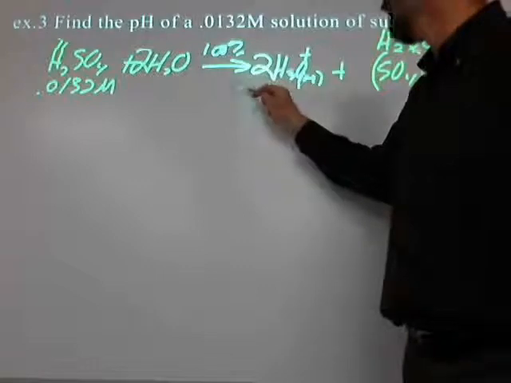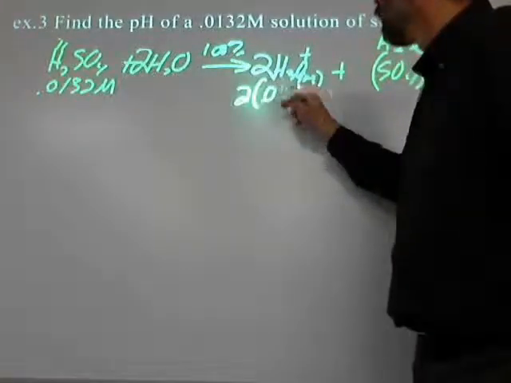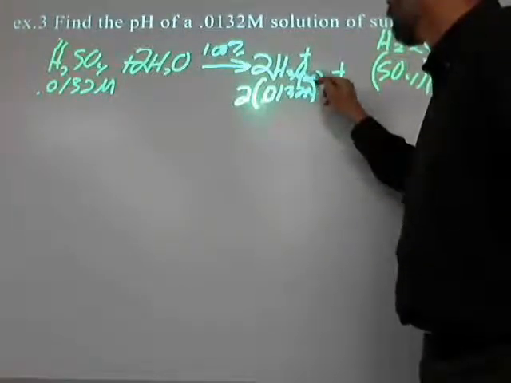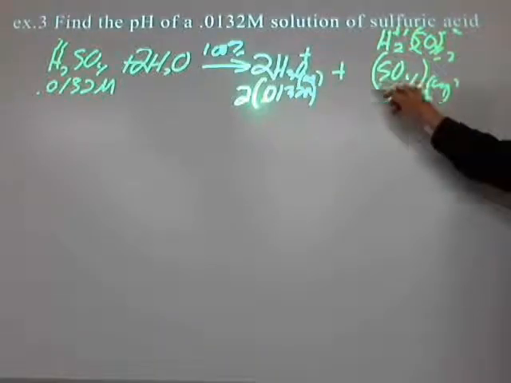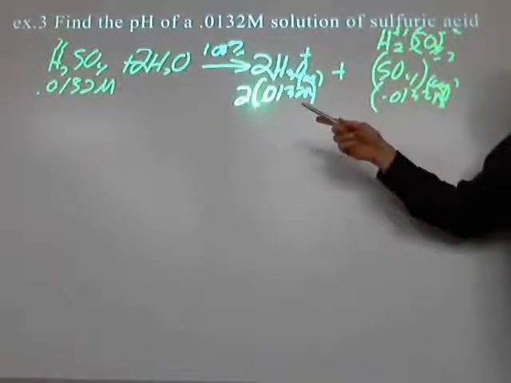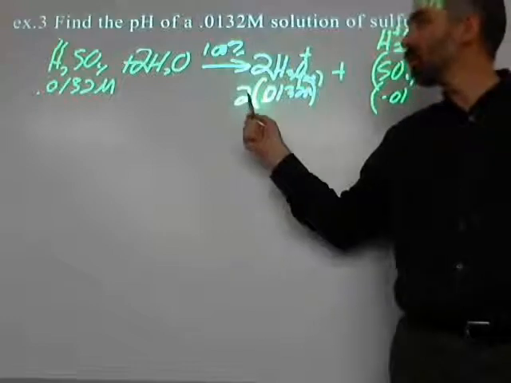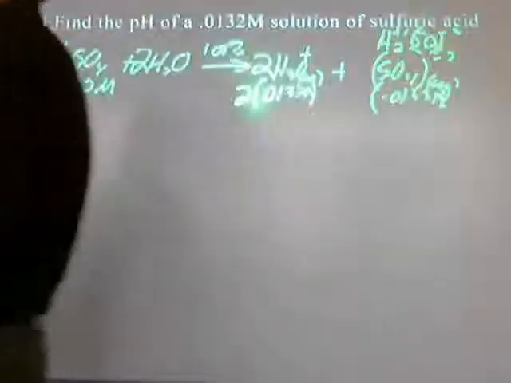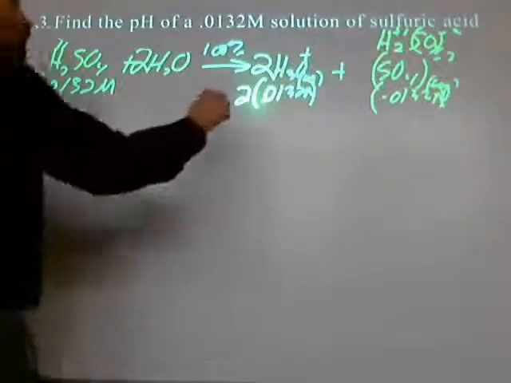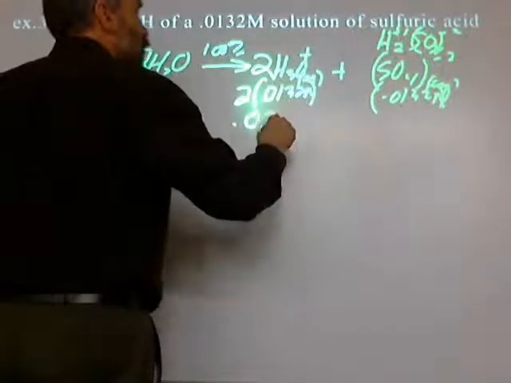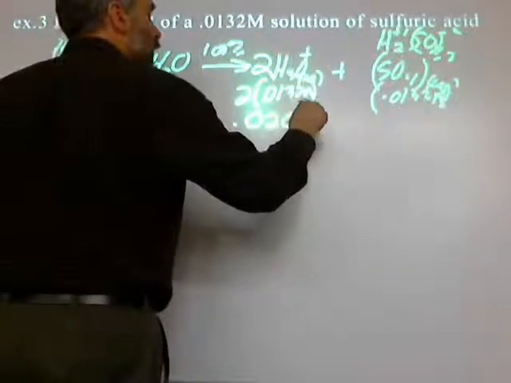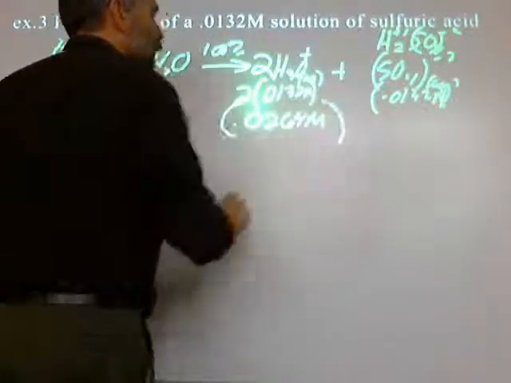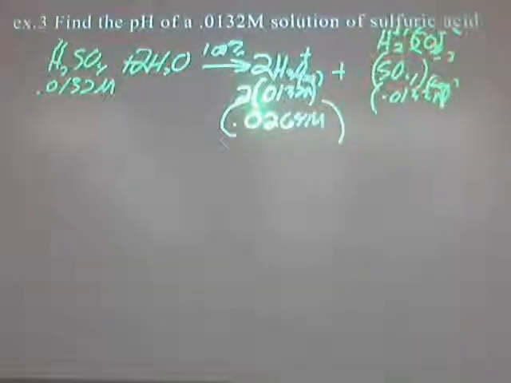I get twice as many hydronium ions, 2 times 0.0132 molar. So when I go to do my problem, my hydronium ion concentration is actually 0.0264 molar.